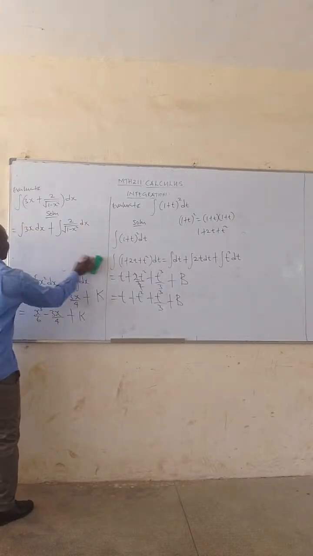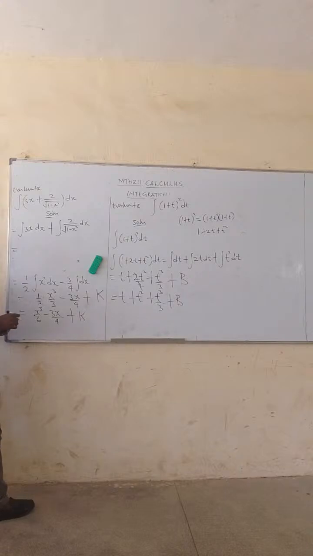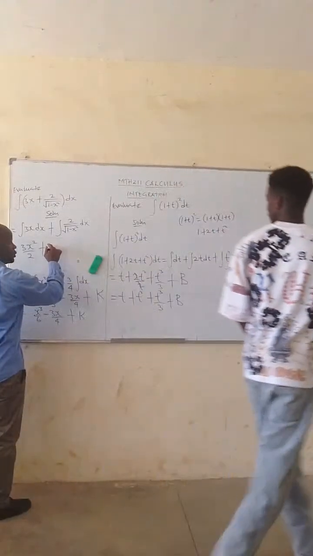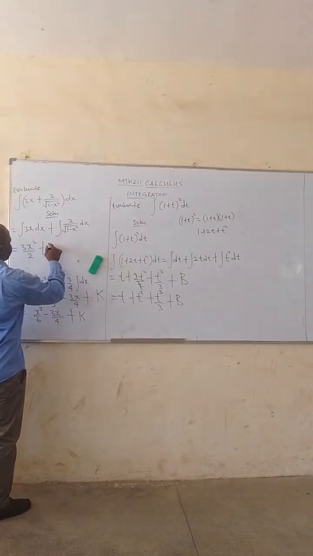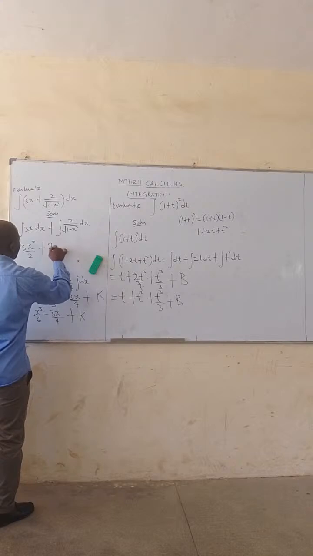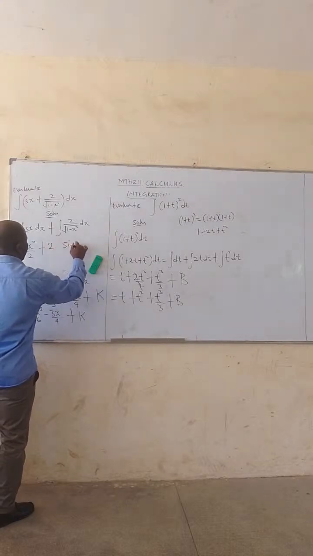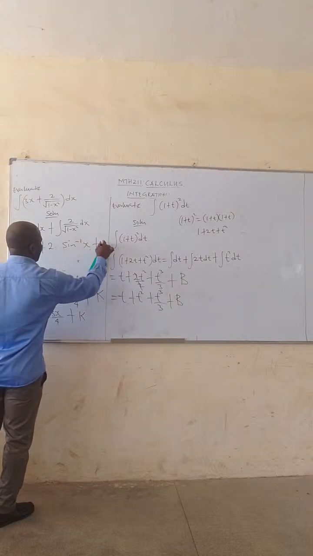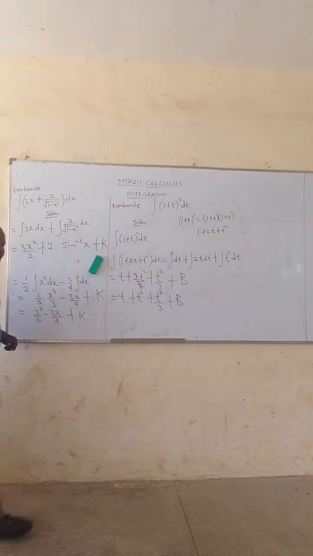If we integrate this, we are going to have 3x squared all over 2 plus, is it minus 2? It's 2 now. 2 times sine inverse of x, right? Plus k. True or false?